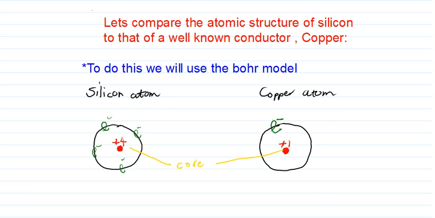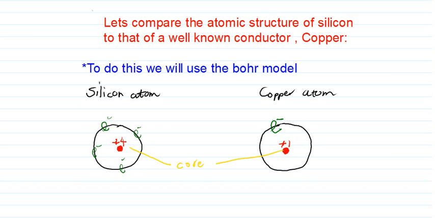I'll assume that you already know most of this from your chemistry classes. So as you know, silicon has 4 valence electrons and copper has only 1 valence electron. And the red part is the core. The red part includes the nucleus and all the other orbitals, excluding the valence orbital.